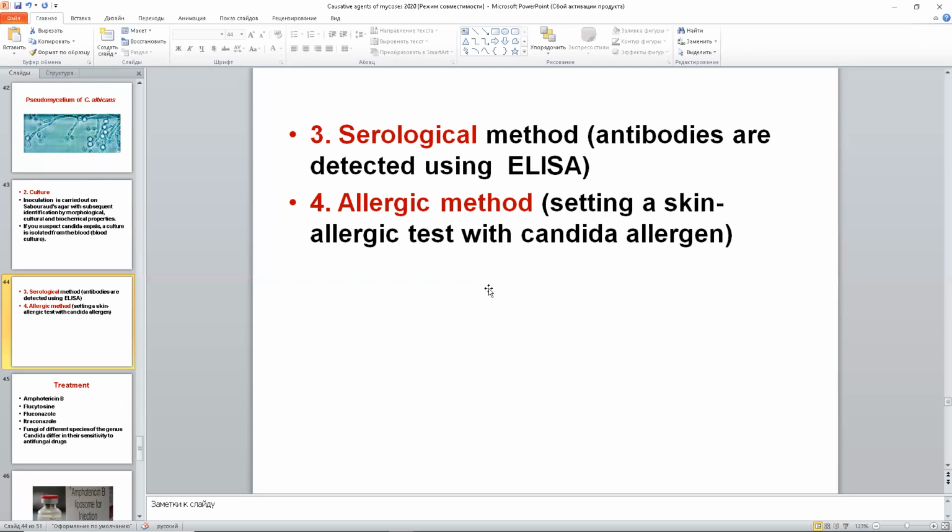So the interpretation of results should be done carefully. The patient should be asked, was he vaccinated? And maybe he had this disease before, because this allergic reaction is long lasting. So in the case of Candida, where no vaccine is developed, a positive result means confirmation of diagnosis.